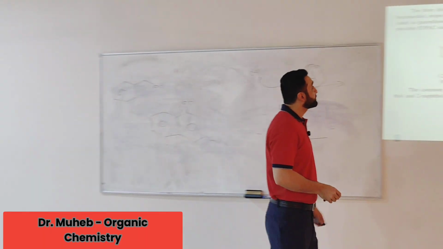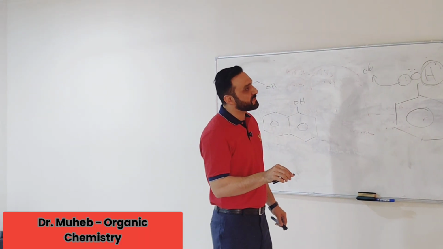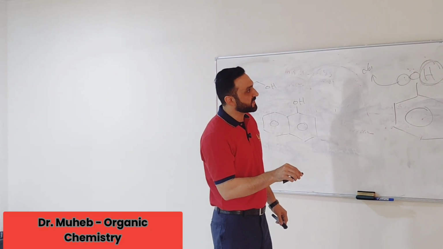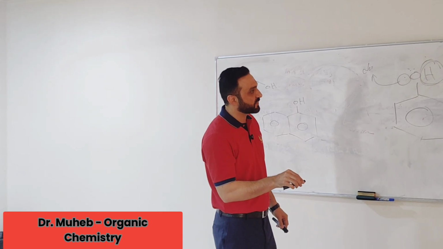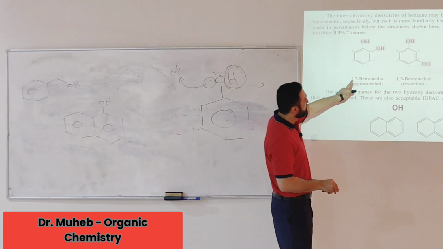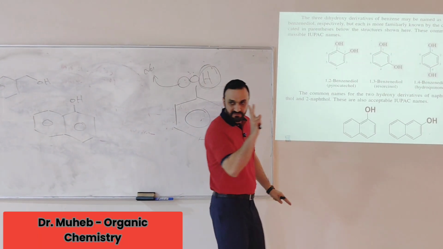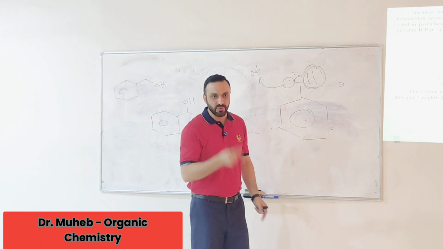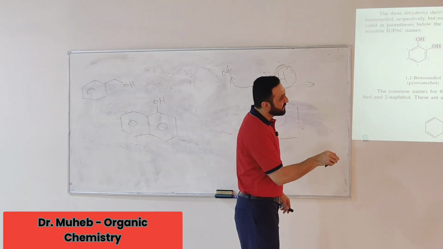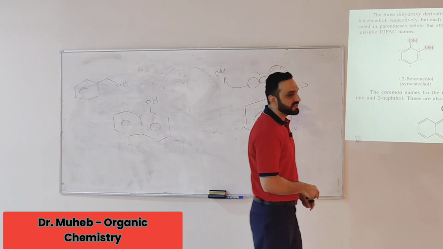So, the dihydroxy derivatives of benzene may be named by 1,2, 1,3, 1,4. This is 1,2-dihydroxybenzene, this is 1,3-dihydroxybenzene. Okay, this is the name of this compound. It will be named benzene-1,2-diol. Diol means you have two hydroxyl groups. This is benzene-1,3-diol. This is 1,4. Look, benzene-1,4-diol.